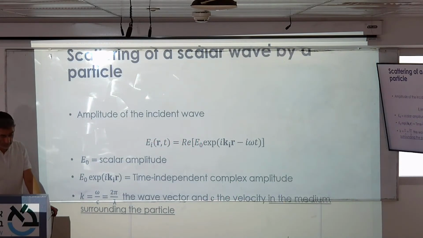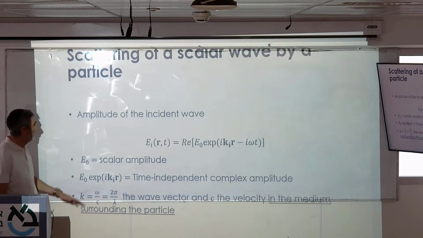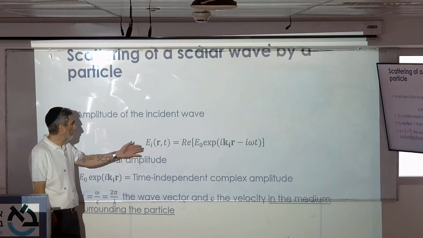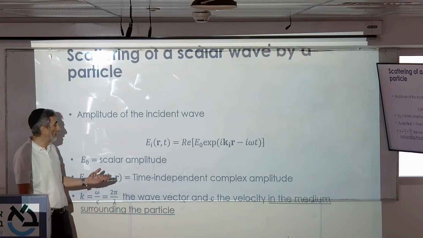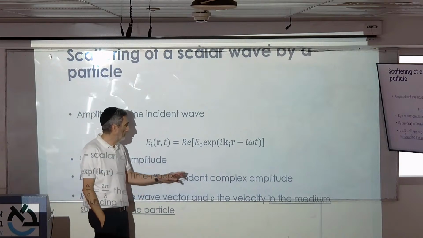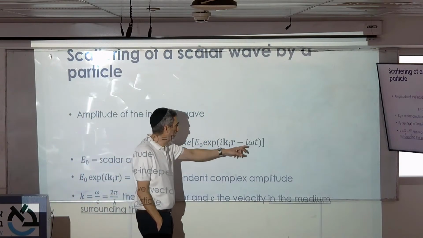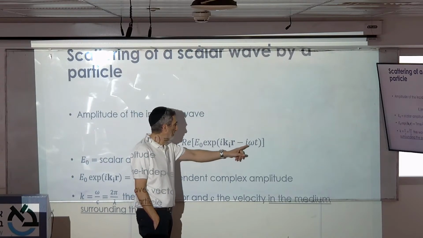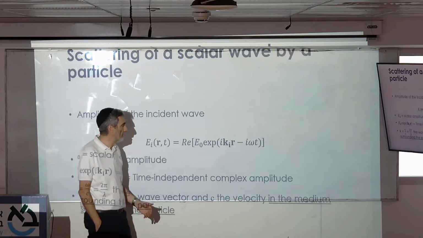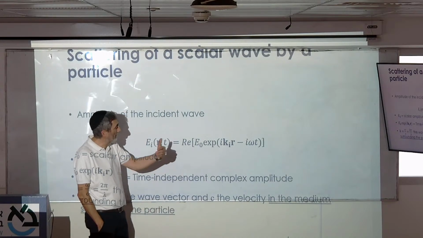Good. So, scattering of a scalar wave by a particle. Let's start to formalize that a little bit. We describe the incident wave in a regular way. Typically we use the phase term here, which introduces the space and the time: the phase accumulated in position and in time.